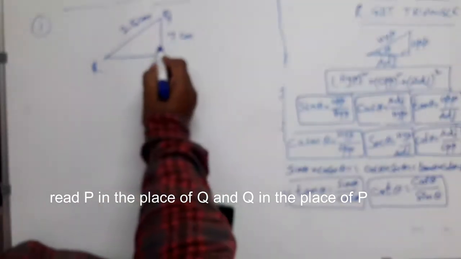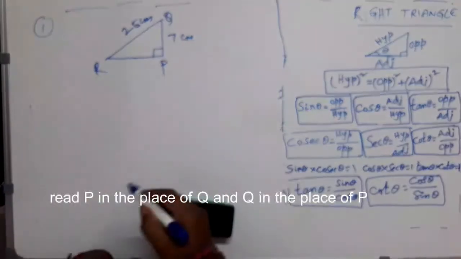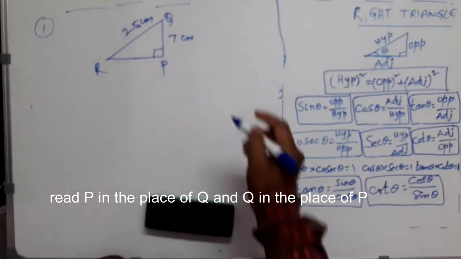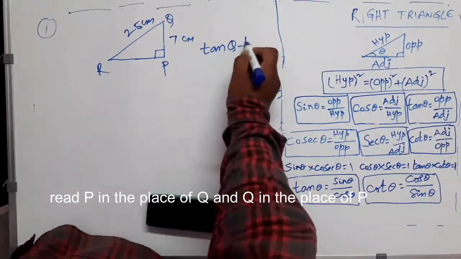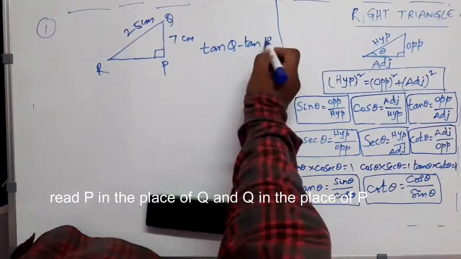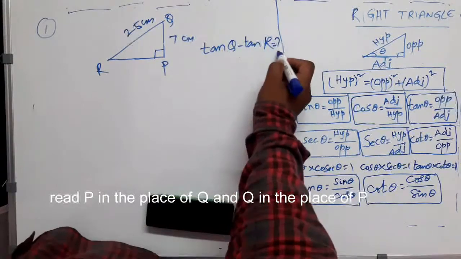So this is right angle triangle PQR. Find tan Q minus tan R. This is the question.